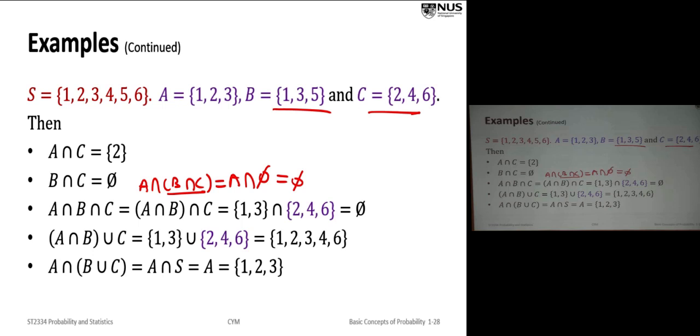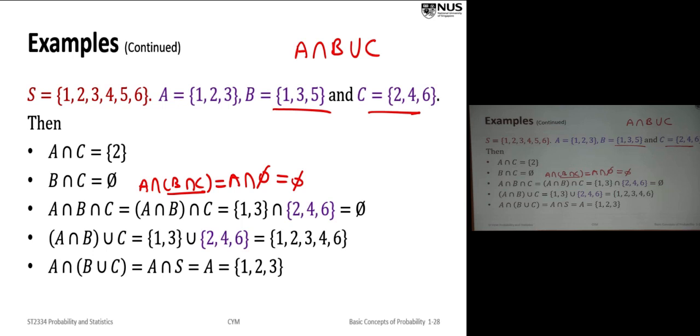So what happens if I see something like this? What am I going to do? You know that the order is important. If there are no indications, we work from the left to the right, following the order.